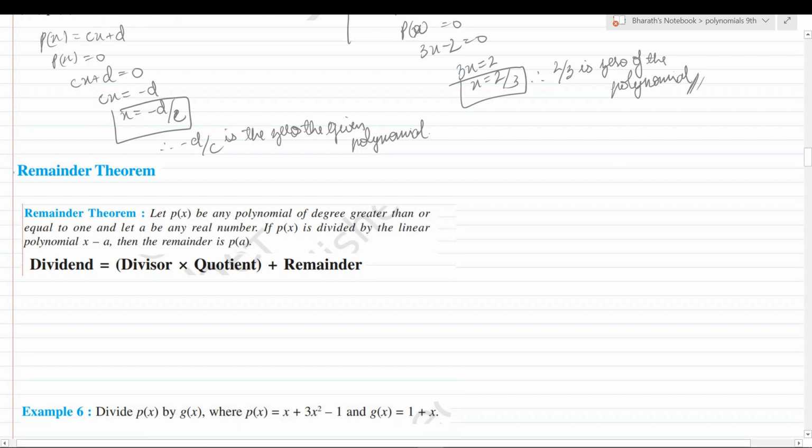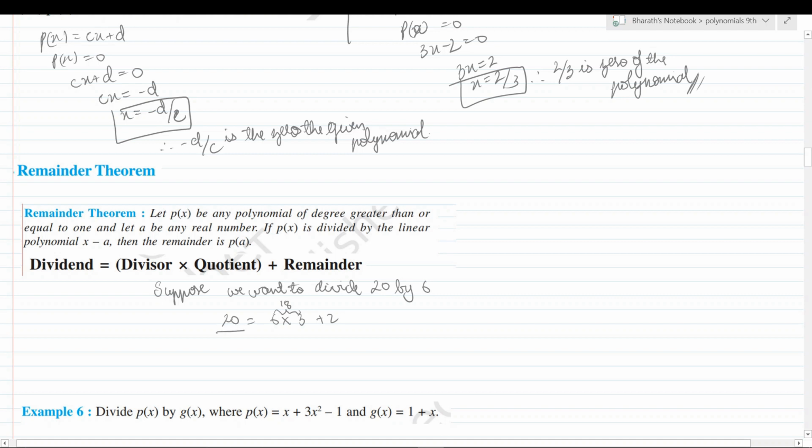So, the division rule. Suppose we want to divide 20 by 6. So 20 is equal to 6 into 3 plus 2. 6 into 3 is 18.